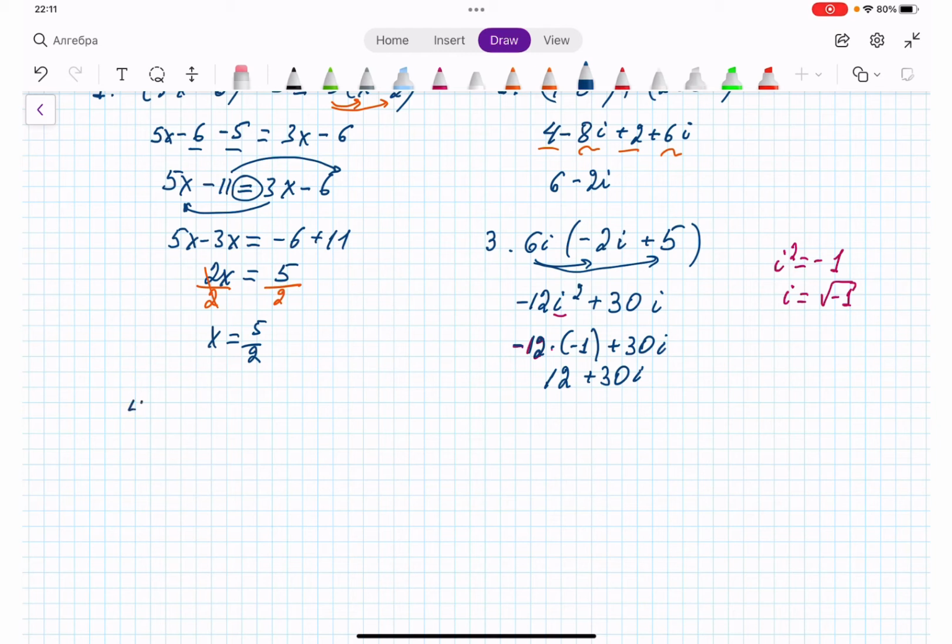So question number 4, we need to solve the equation by factoring. Okay, let me see. We have x squared plus 4x minus 12 equals 0 for x.